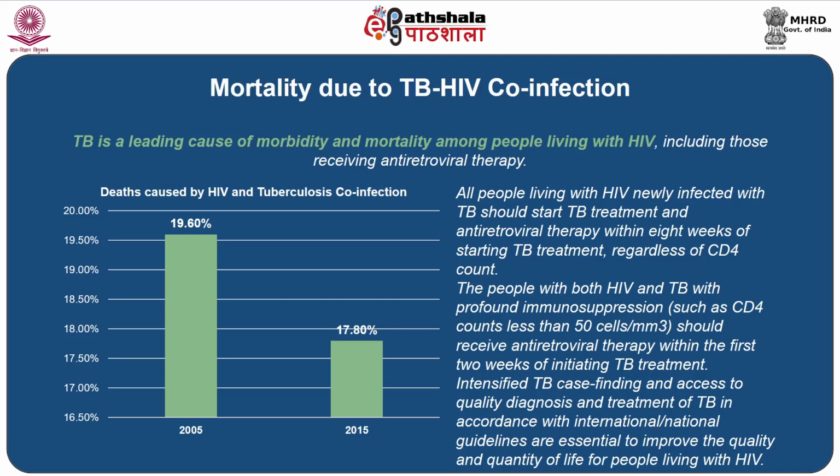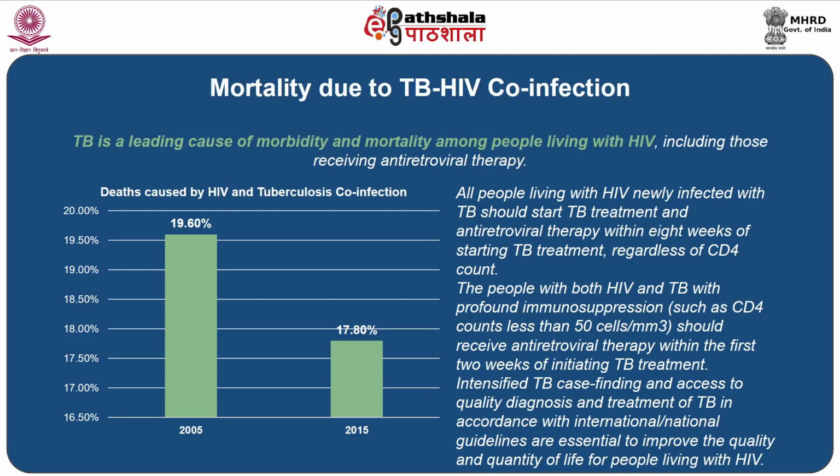Among HIV/AIDS deaths in 2015, about 17.8% were caused by HIV and tuberculosis co-infection, which is down from 17.6 deaths in 2005. All the people living with HIV newly infected with TB should start tuberculosis treatment and ART within 8 weeks of starting the tuberculosis treatment, regardless of their CD4 count.